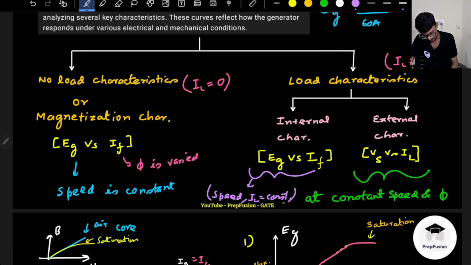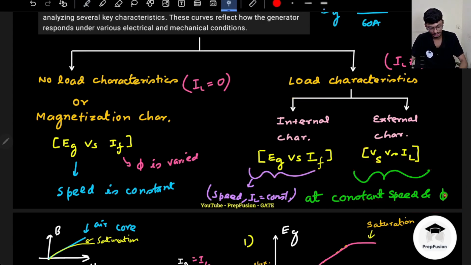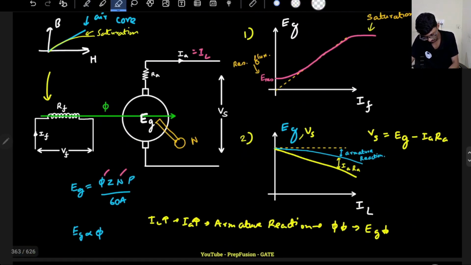In this case the speed and flux will be constant. These are the cases. So a bit of a mistake on my behalf. This is not the internal characteristics. This is just a characteristic that does not have a name. This is the external characteristics.